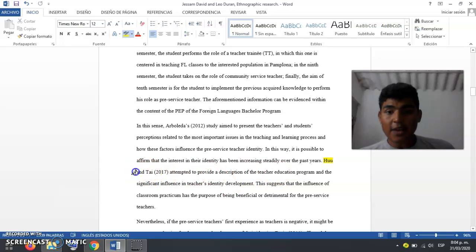Huantai, 2017, provides a description of educational programs and the significant influence in teacher identity development.